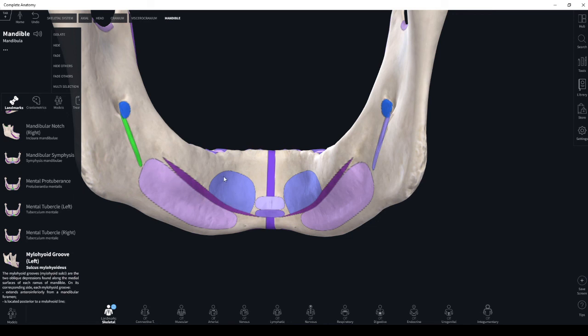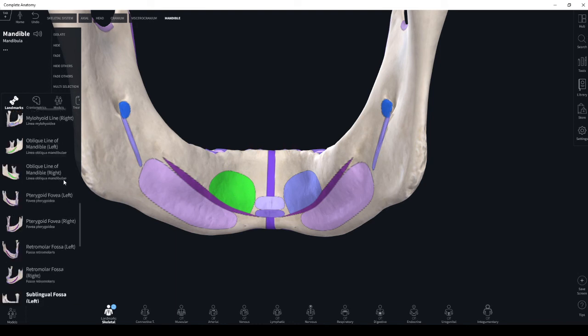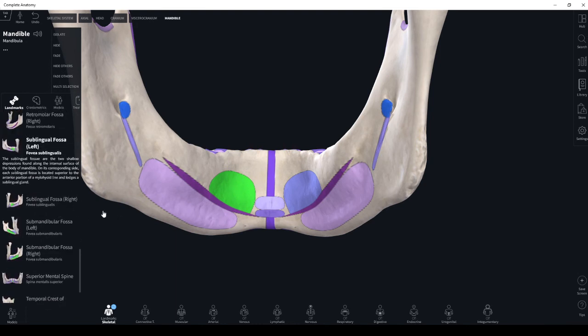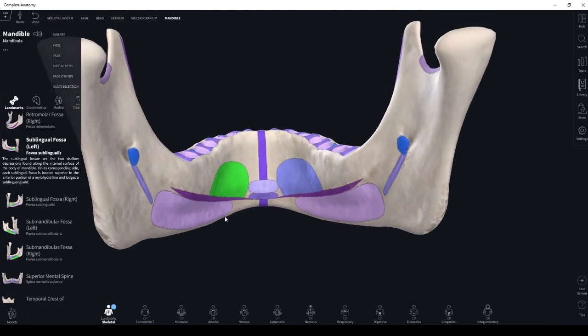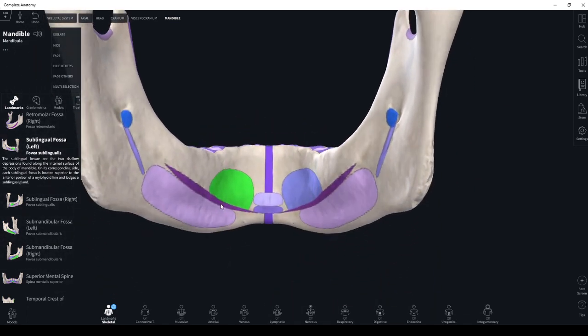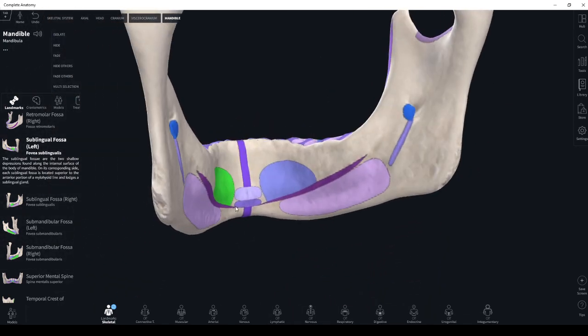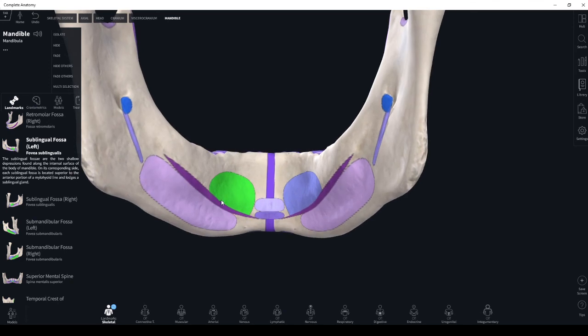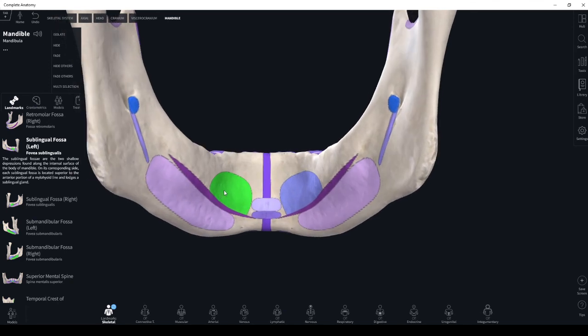Above this, more anteriorly, is also located the sublingual fossa. Sometimes it cannot be found on the real bone, but it is present in some atlases. This is a shallow depression, not as deep as the submandibular fossa, but still visible. It is the lodge for the sublingual gland.